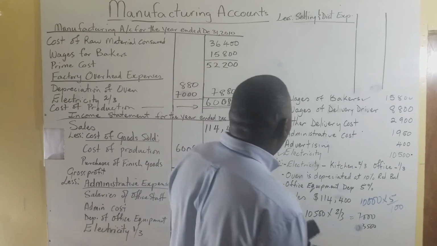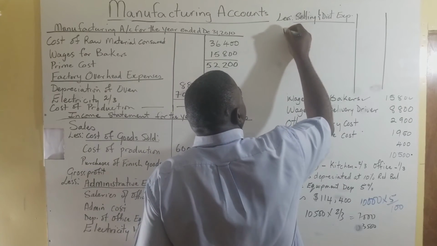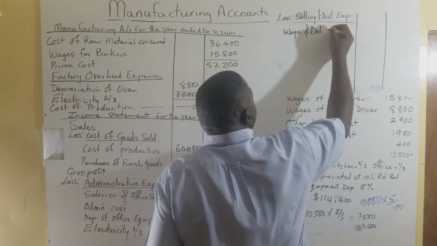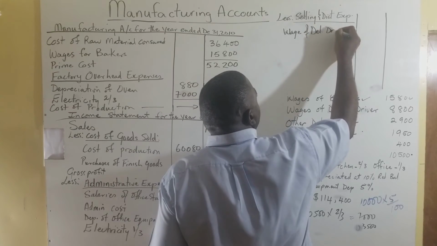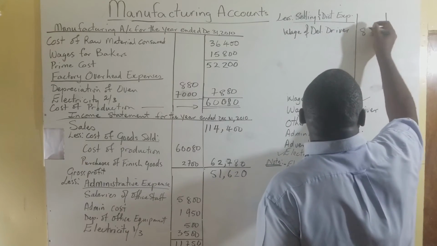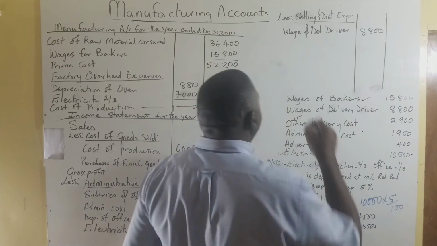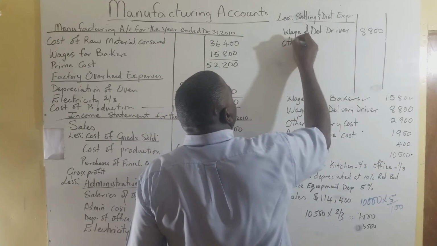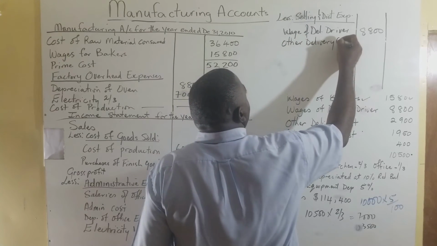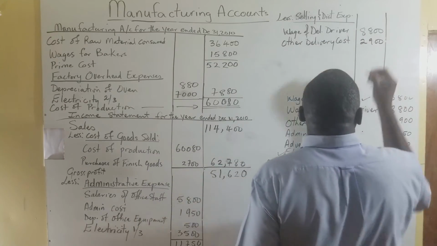So we have one item here, wages of delivery man, delivery driver, and that is 8,800. We also have other delivery costs, and other delivery cost is 2,900.